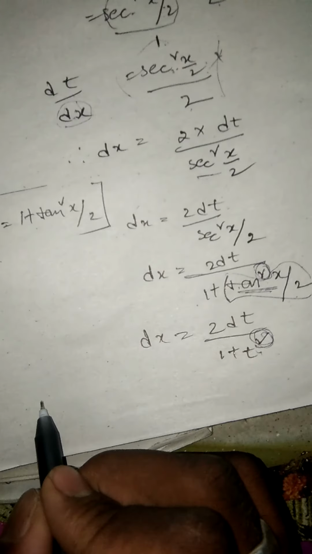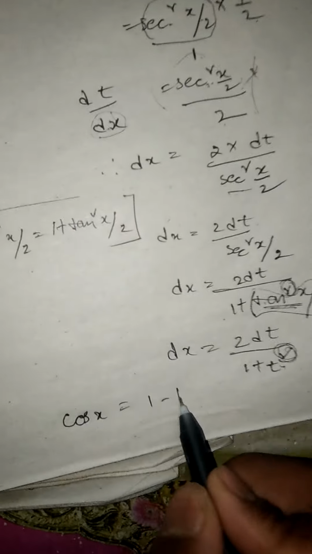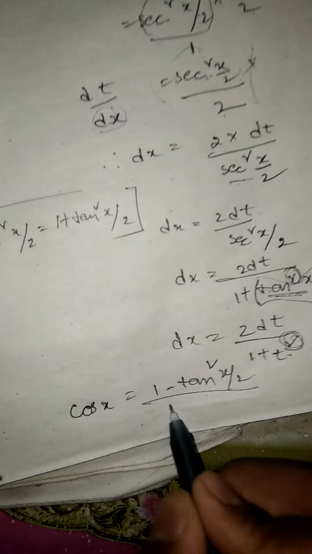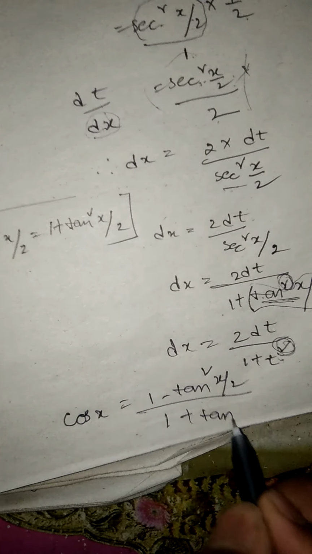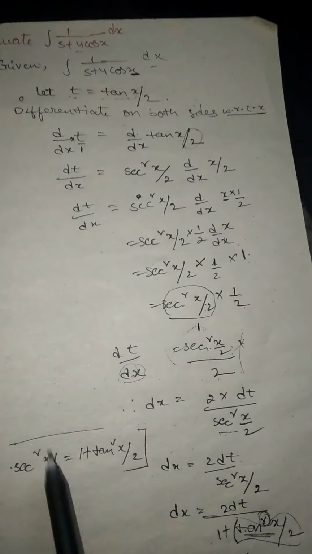We know the formula for cos x in terms of tan: cos x is equals to (1 minus tan square x by 2) by (1 plus tan square x by 2). This is the formula. We have to know the formulas in this.